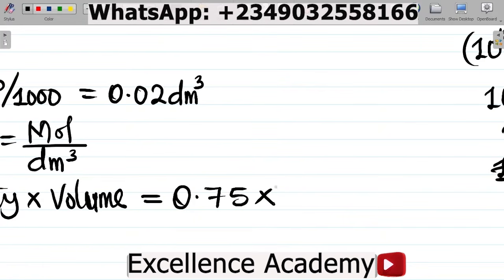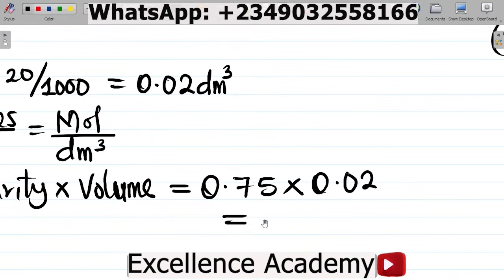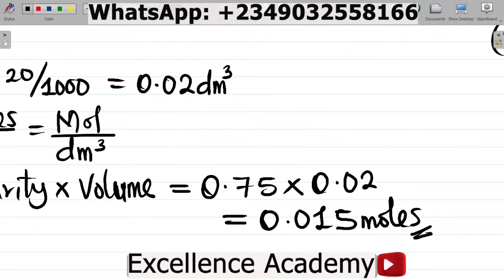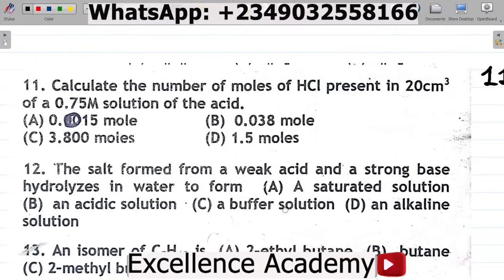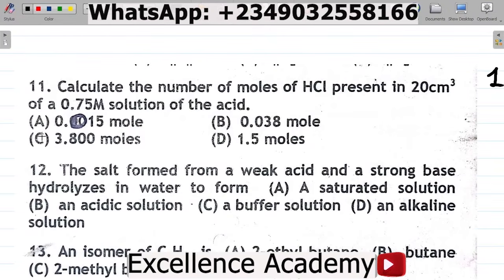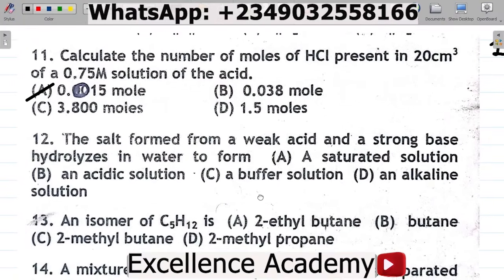Times the volume, 0.02, and that's equal to, so you multiply 0.75 times 0.02, you have your answer as 0.015. You were asked to find number of moles, so it becomes 0.015 moles. So let's see which option has 0.015 moles. That's option A there. Option A, 0.015 moles. That's the correct answer.